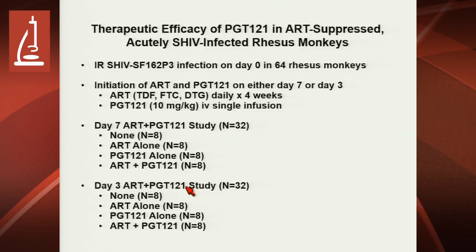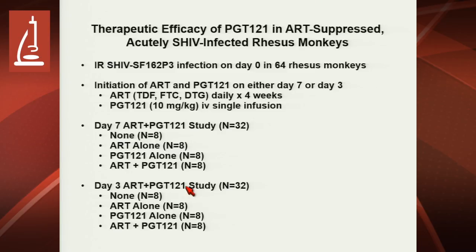So we asked the question, if we intervene very early on, not just with ART, but also with an extraordinarily potent broadly neutralizing antibody, could we actually prevent or further delay viral rebound? In this experiment, we infected 64 rhesus monkeys with SIV SF162P3 on day 0, and then we initiated either ART or a single infusion of the antibody PGT121 either on day 7 or day 3.